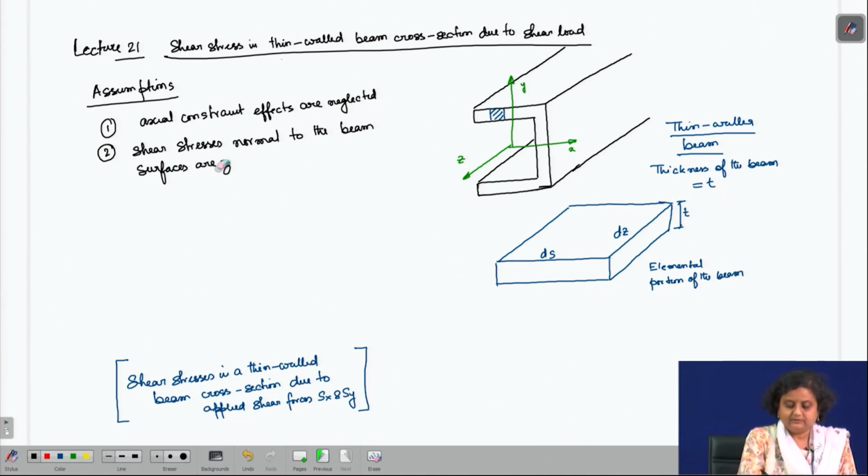We need not call it 0, we can say that they are neglected. Why is this a fair assumption?